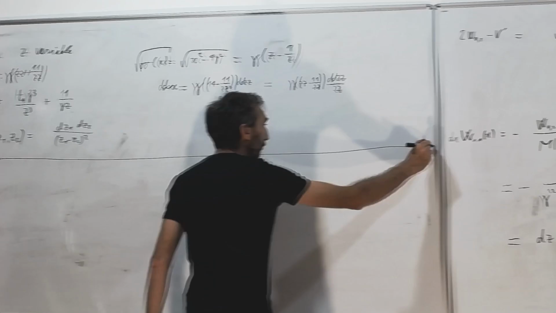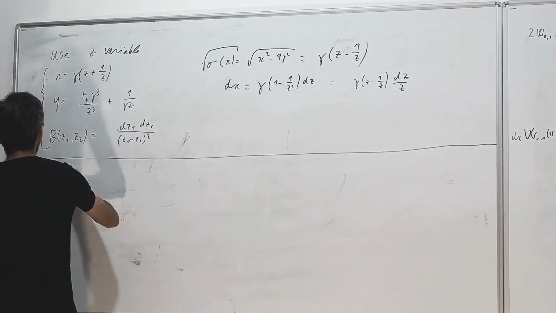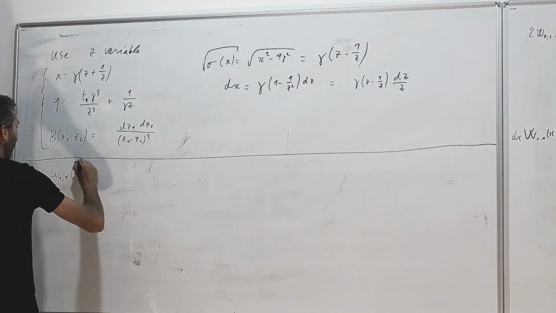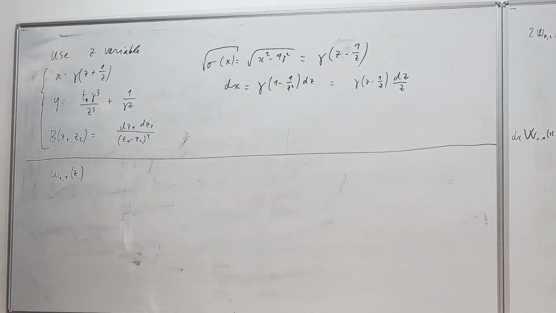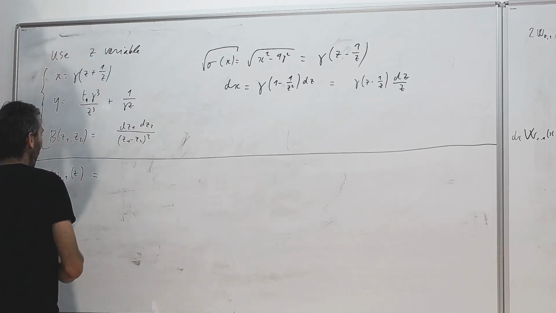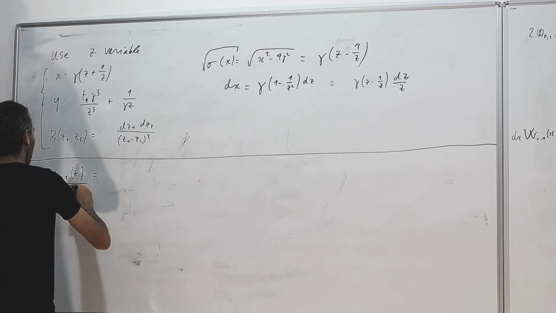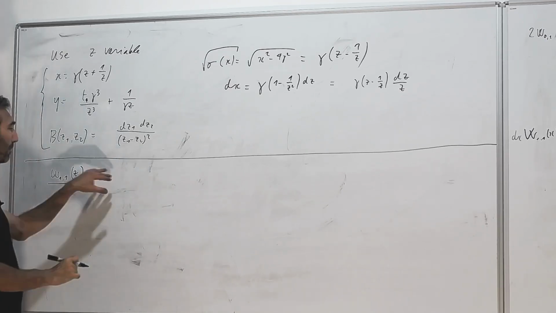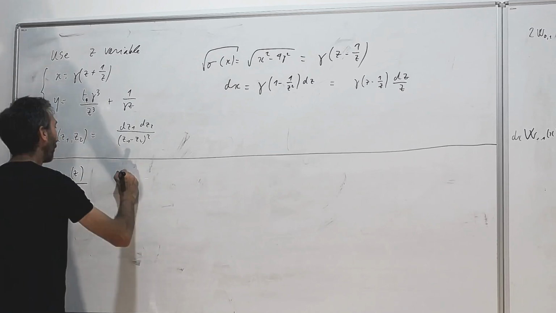We want to compute W11 of z. So it is dz times a rational fraction of z, and we know that the only poles can be at plus or minus 1. Let me divide it by dz, so I will remultiply after. Then this is a rational fraction of z.